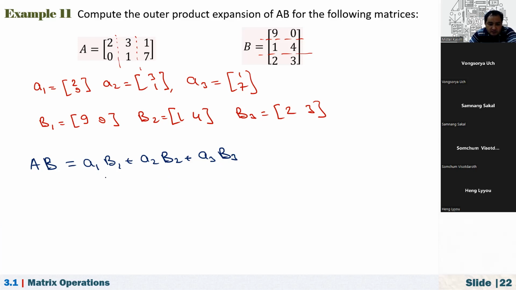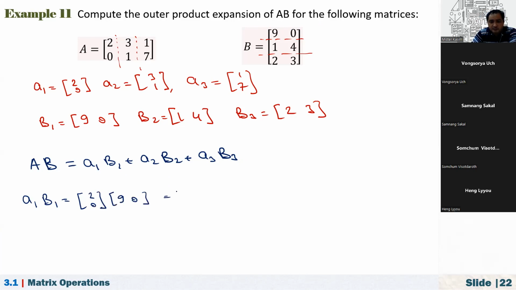So now we just evaluate each product, and after that we put them together. That's what we are expected to do here, because the question says compute the outer product expansion of AB for the following matrices. Let's start from the first one. What is A1 B1? A1 is 2, 0, and B1 is 9, 0.